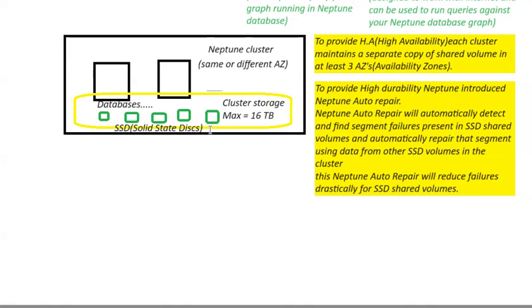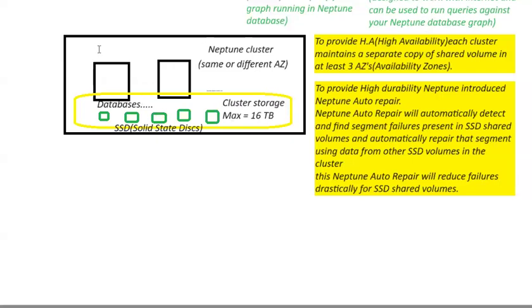If there are any segment failures, then Neptune auto repair will automatically repair that segment using the data present in other SSD volumes. So this will reduce failovers drastically for SSD shared volumes.